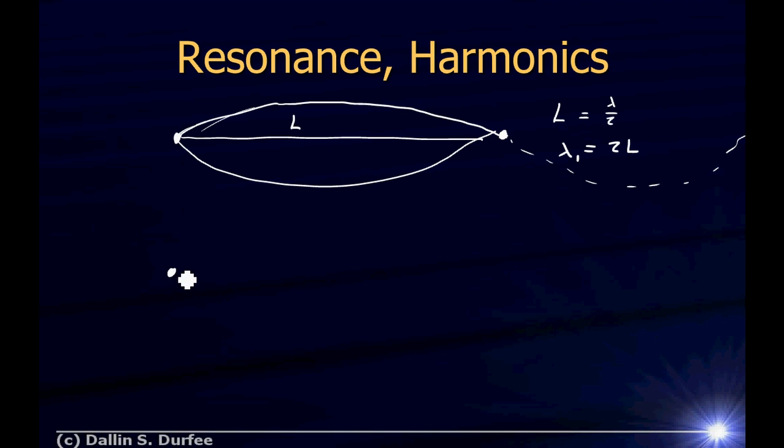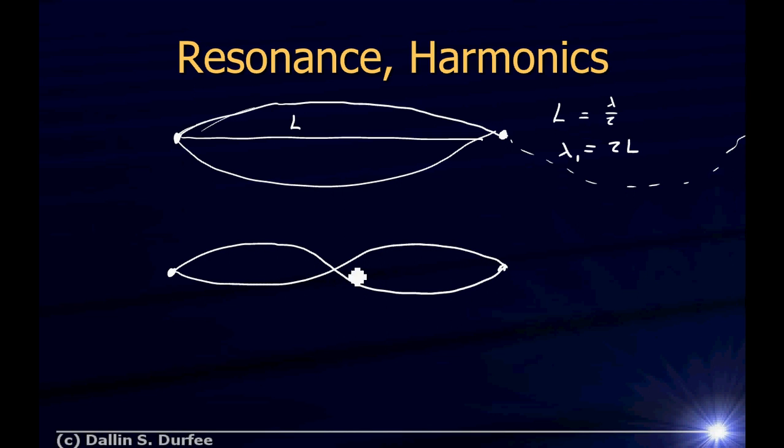But if I have my guitar string here, I can also have a wave which has a node at each end plus a node at the middle. Right? So that's also a standing wave that will fit on my guitar string. This is the second harmonic, so I'll call it lambda sub 2. Its wavelength is just L, right?